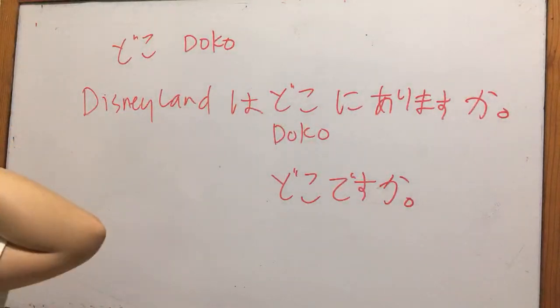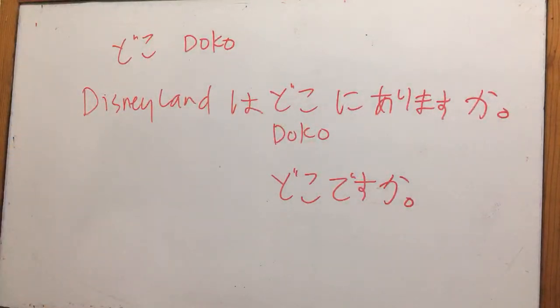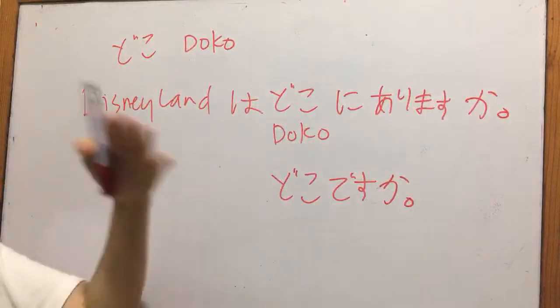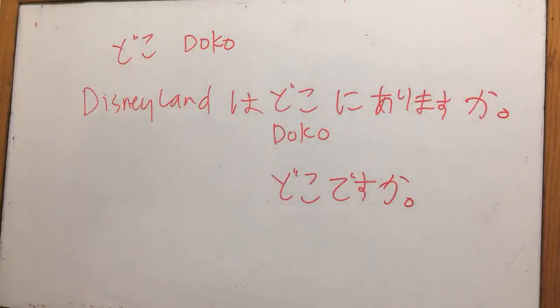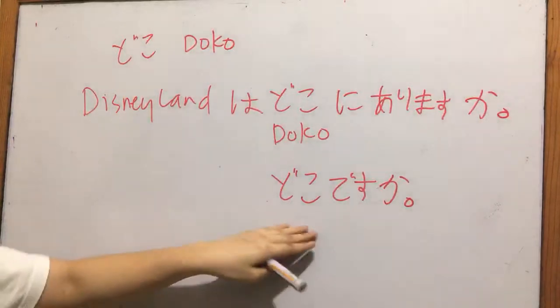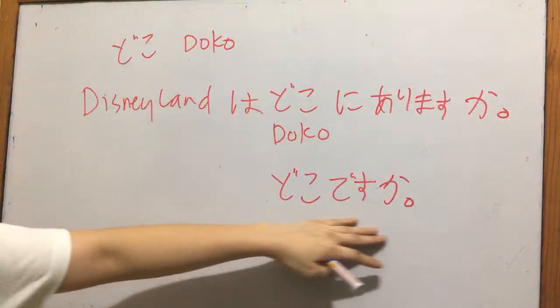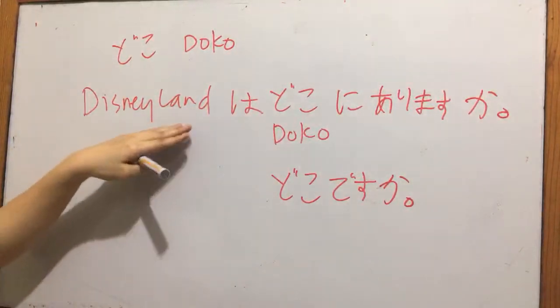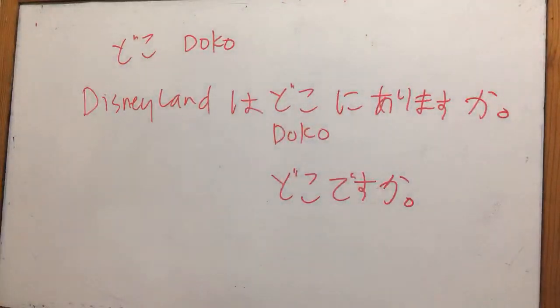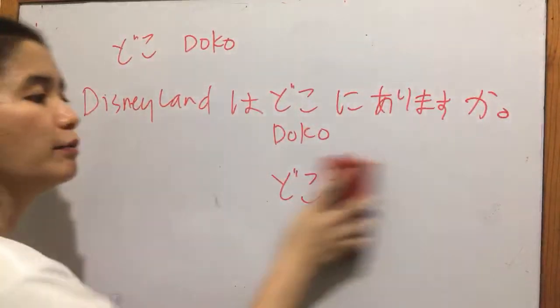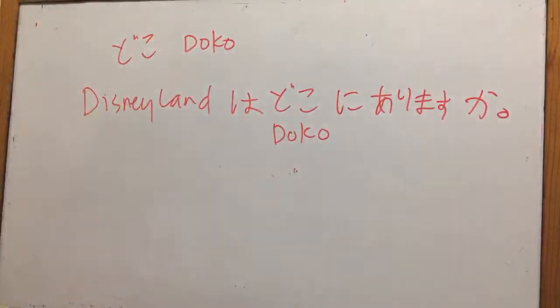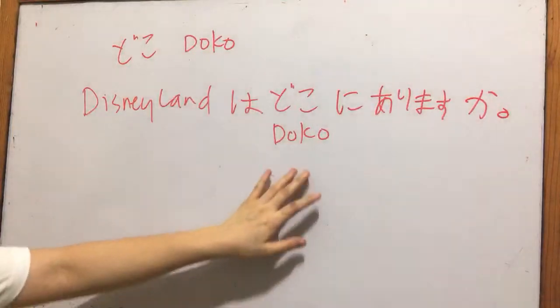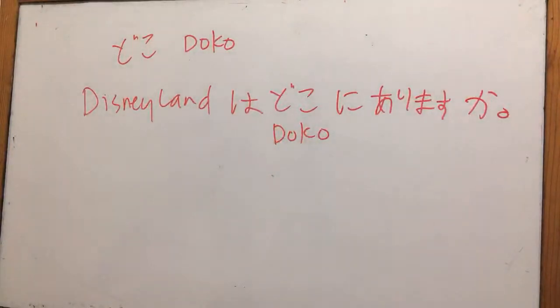But of course, as we learn new sentence patterns, your level of Japanese is getting much higher. Before, you just had a simple question, Disneyland wa doko desu ka? But now, in our lesson 10, you have Disneyland wa doko ni arimasu ka? So it depends on the level of your Japanese. But in a simpler way, if you're just asking somebody, you can just ask, doko desu ka? Okay. Disneyland wa doko ni arimasu ka?